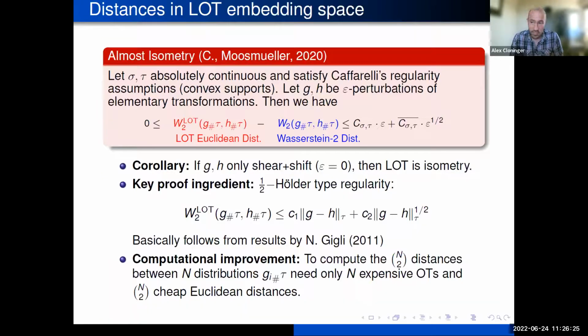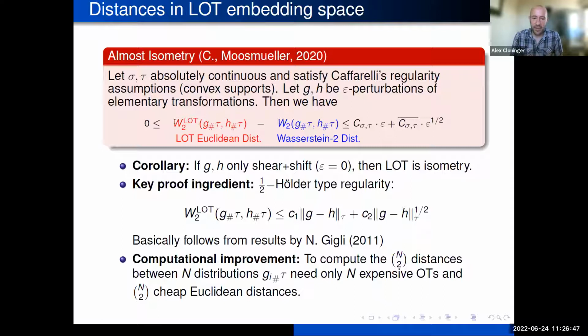And there's another result that we can say as well. Let's say, again, that sigma is absolutely continuous, and let's assume that the mu, I call it tau here, I probably should call it mu, the mu that we're going to be moving around is also absolutely continuous. Nice, smooth, convex support distribution. Very nice distribution.